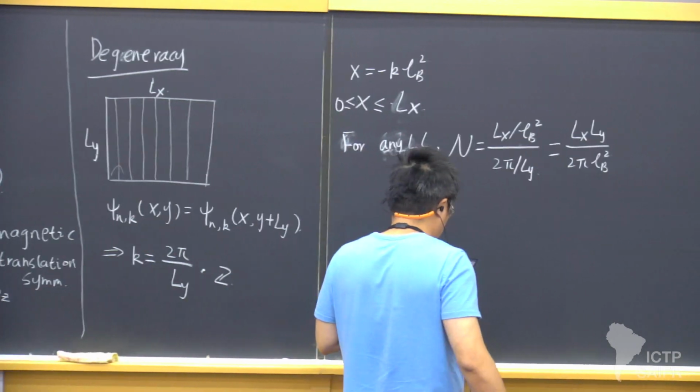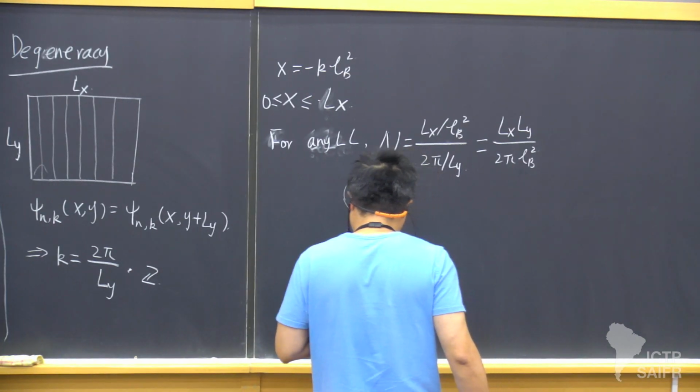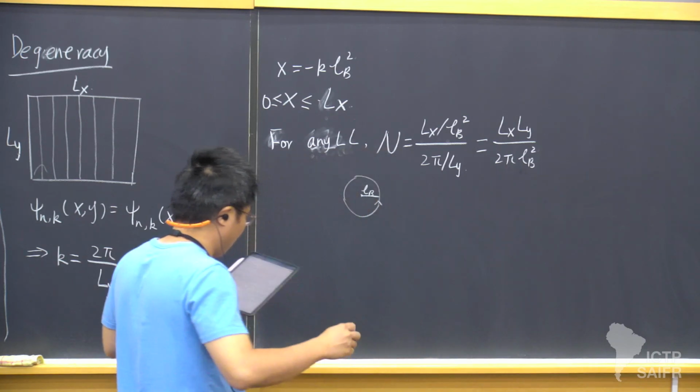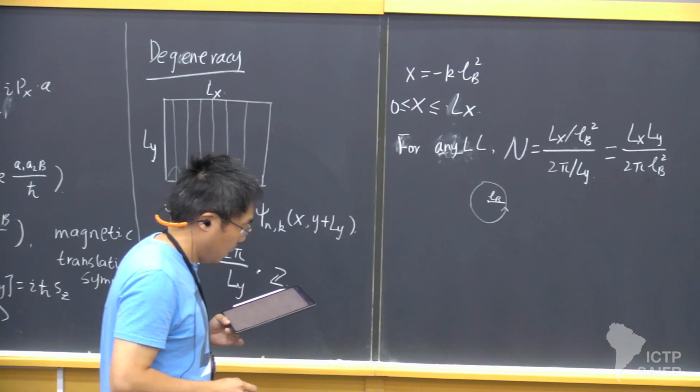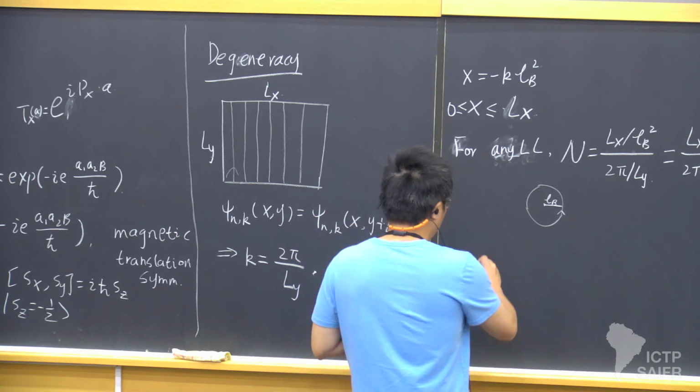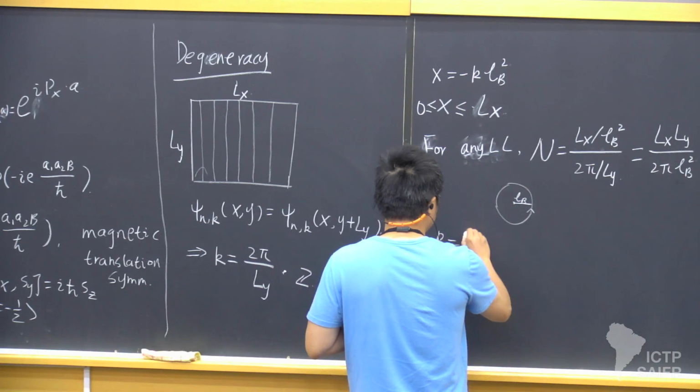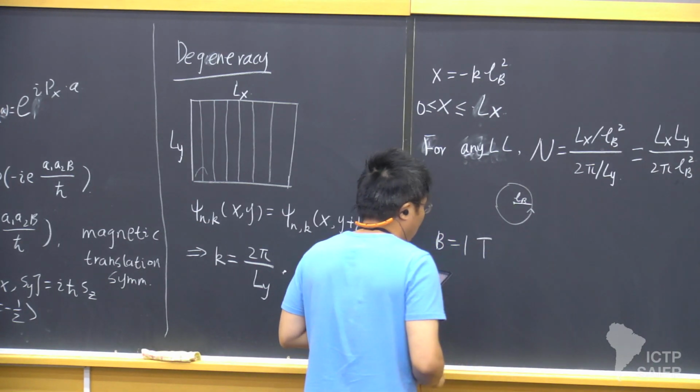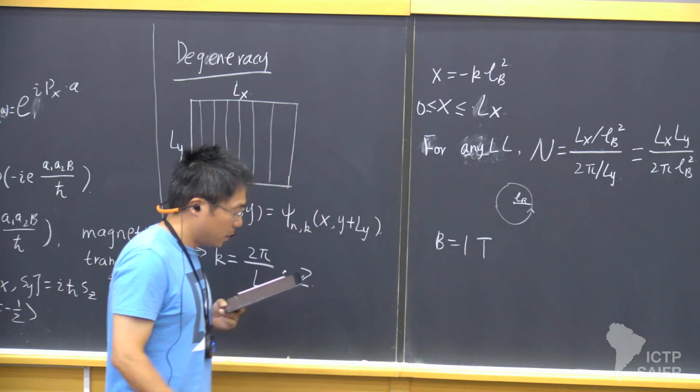Let me also give you some idea about how large this degeneracy is. Let's say we consider a magnetic field of 1 Tesla.